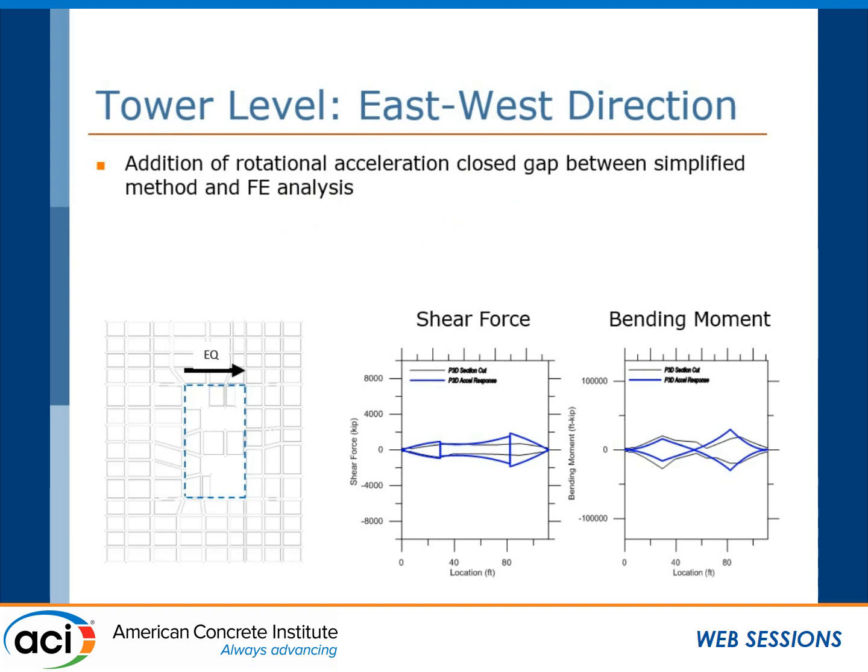There are no more points of zero shear anymore, and it's more of a parabolic shape. But in the bending moment, there are points where there's zero moment, even though in Perform 3D there's still no zero moment.